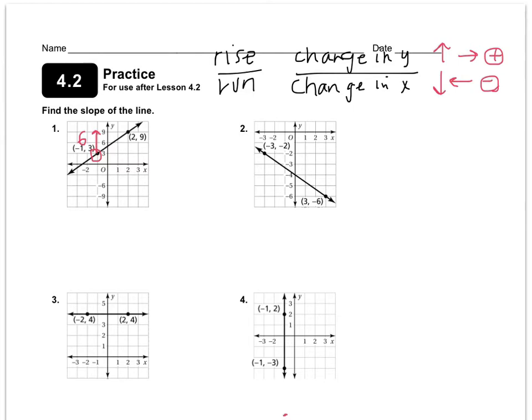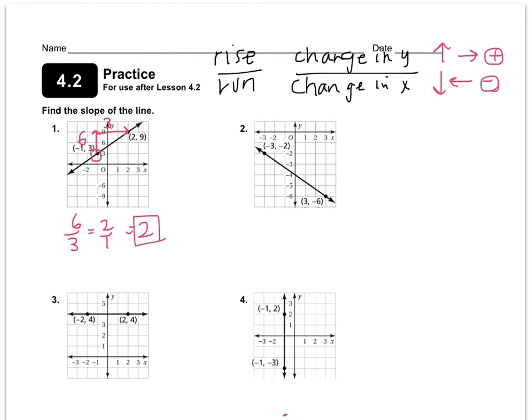Now I have to move to the right, and this one is actually going by ones, so I'm moving 1, 2, 3 over. So the slope is 6 over 3. The best way to write that is either 2 over 1 or just 2. No mixed numbers as slopes, but you can leave whole numbers if it reduces to a whole number.